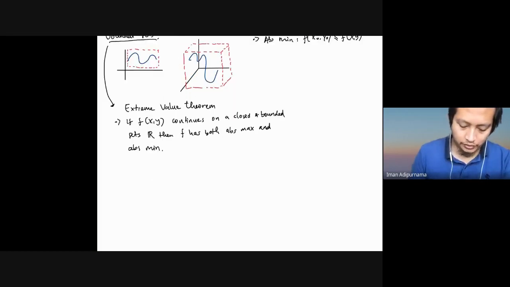And then if you remember the Fermat theorem in calculus 1, it's actually similar.